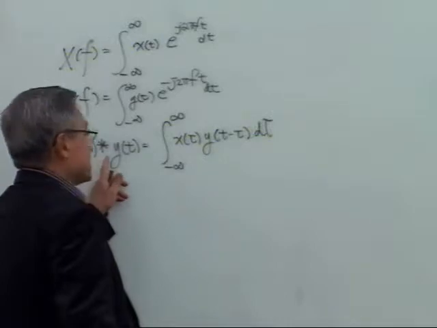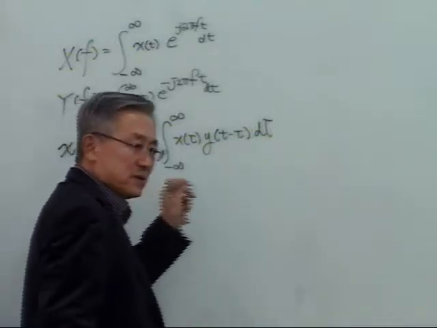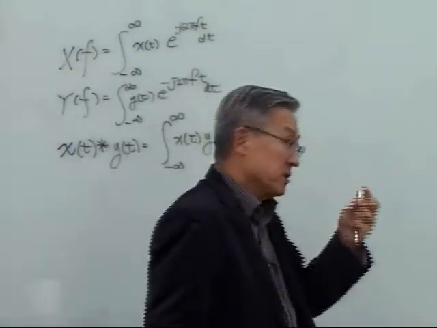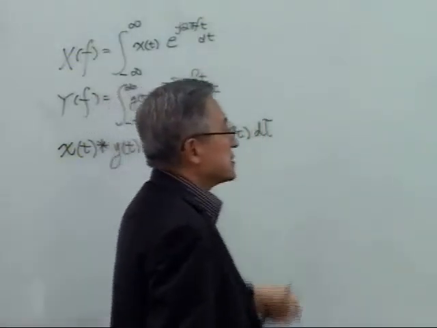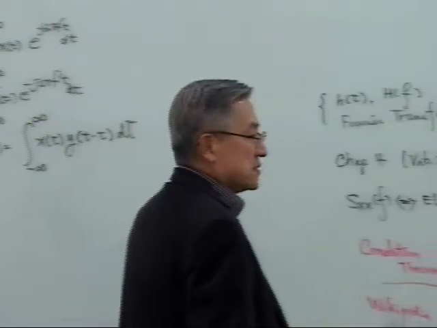X convolved with y. This is simply notation, and by using the notation you can eliminate all the others.